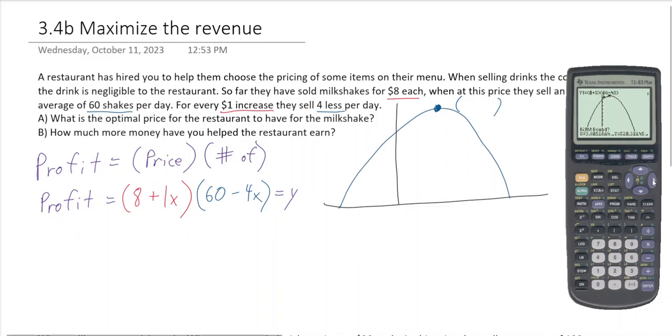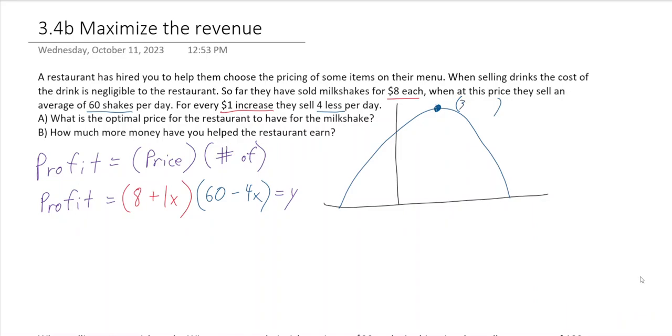Right bound, we go to the right of the vertex, press enter. Then we go to where we think the vertex is, press enter for the guess portion, and it tells us 3.5, 529. There you go. So 3.5 is our x, 529 is our y.